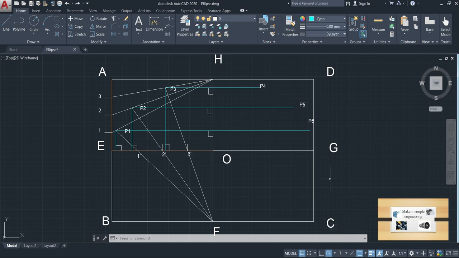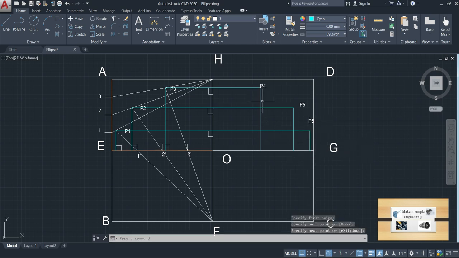After this step you have to do the same thing in this portion. That is, you have to draw perpendicular lines from P4 to line OG, P5 to line OG and P6 to line OG.